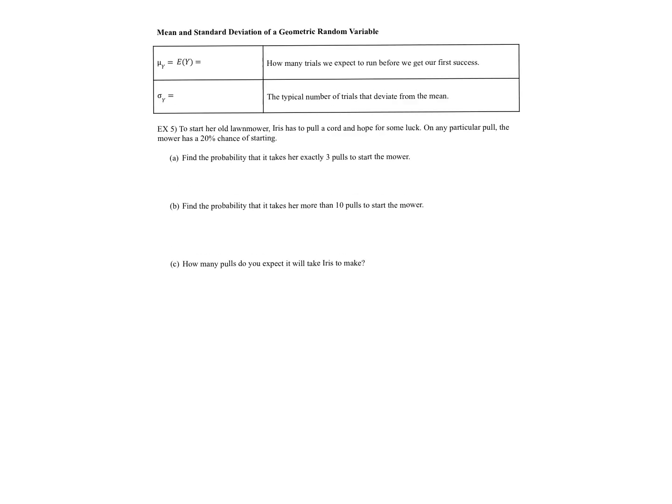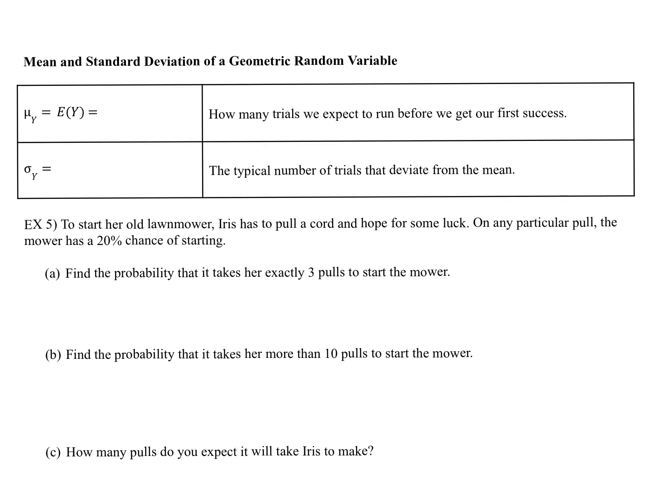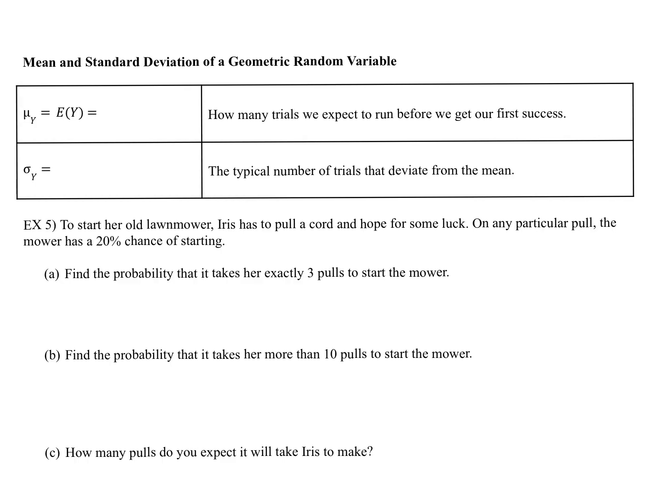Okay. The last thing we have to talk about are the mean and standard deviation for a geometric random variable. Their formulas are also very easy compared to normal mean and standard deviation formulas. So our mean, or the E of y, is 1 over P. So it's just 1 over the probability. And that gives you the number of trials you expect to run before you get your first success.